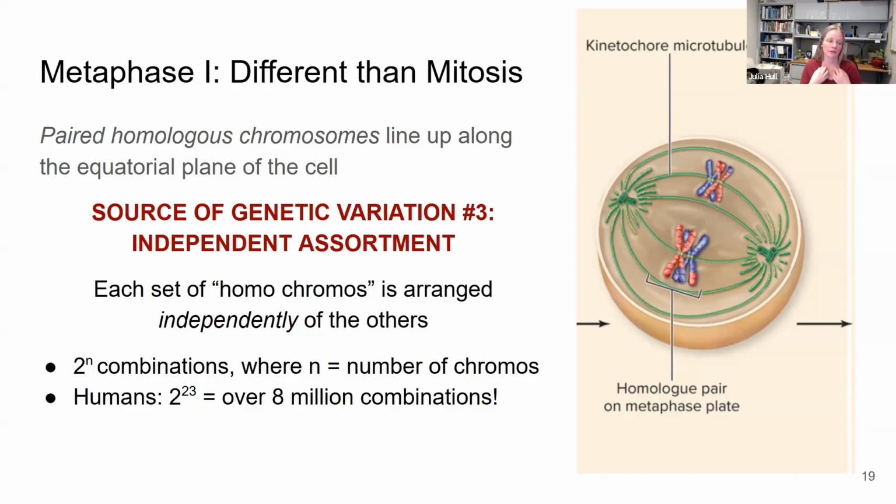So for humans that have 23 chromosomes, there are over 8 million unique combinations that our chromosomes can line up and separate. So that's a really quite incredible amount of genetic variability that can arise just through this one stage of the process of meiosis.